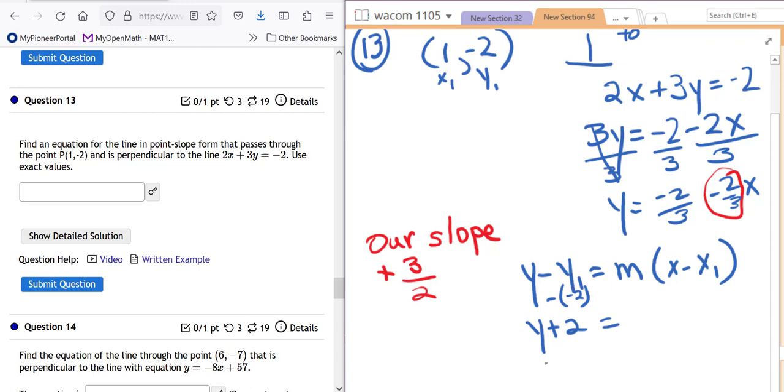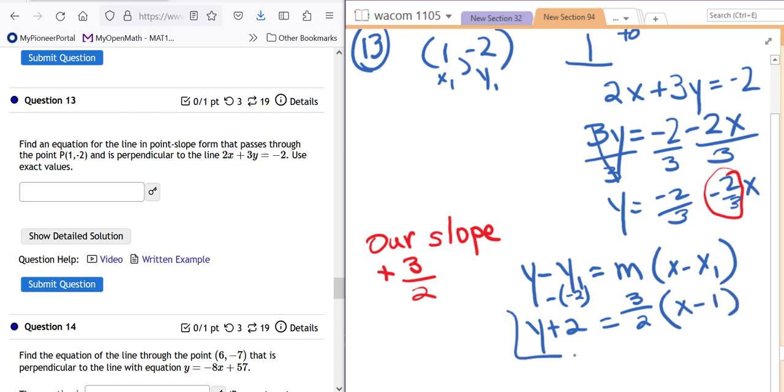So we've plugged in, I didn't finish plugging in the point. So I plugged in the -2 into the y1. I needed to plug in the 1 and I need to plug in the slope. So 3/2 times x minus 1.